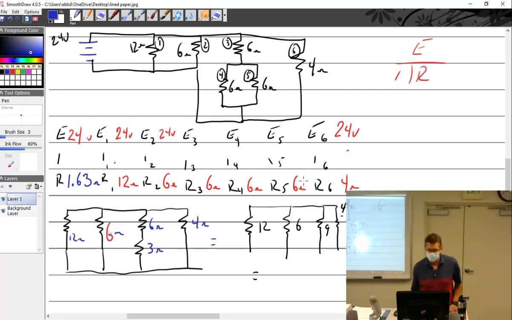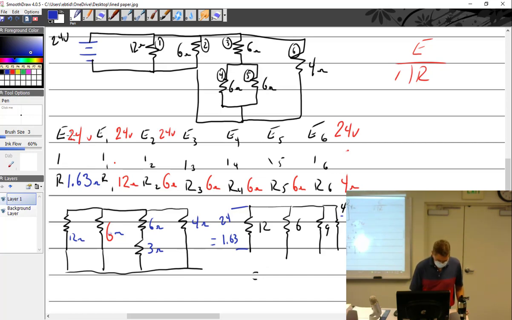Use the whole board. Let's try it. So 24, and we came up with 1.63. So how many amps do we have? That's what I got. 14.67.